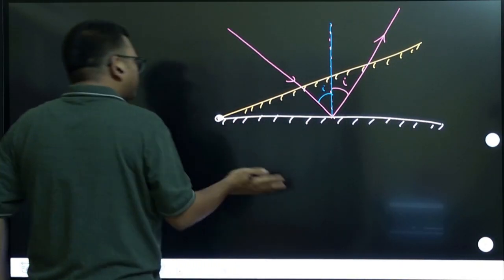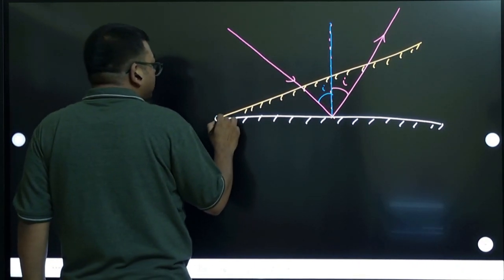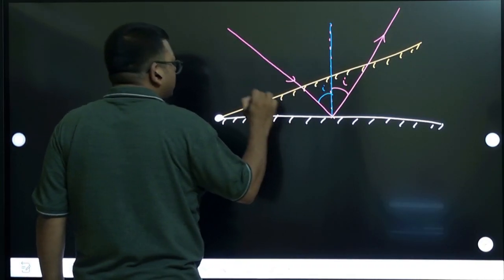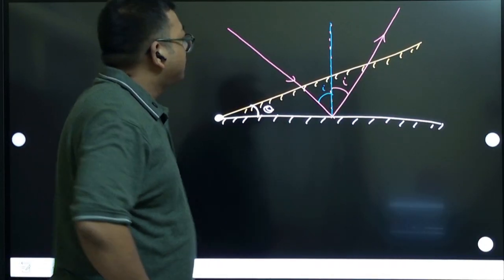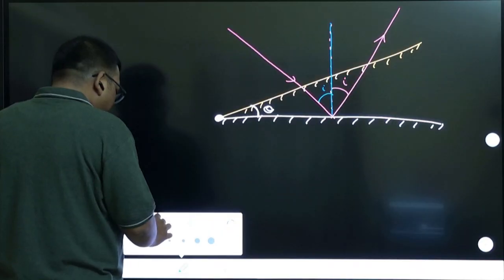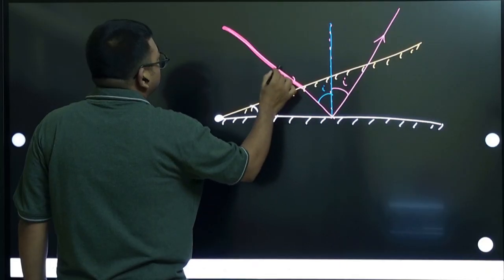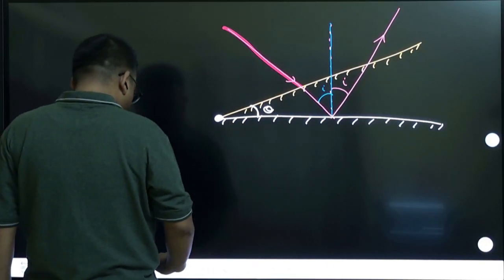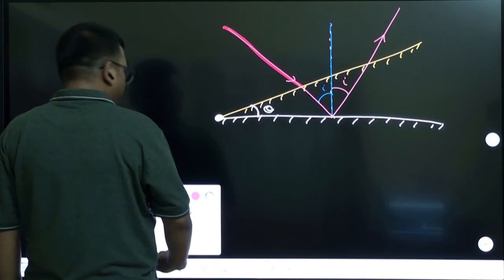Okay, now let me rotate this mirror. I have rotated this mirror about this point and this rotation angle is theta. Now what happens? The incident ray is still the same, it is still like this. But now let us draw the normal here.